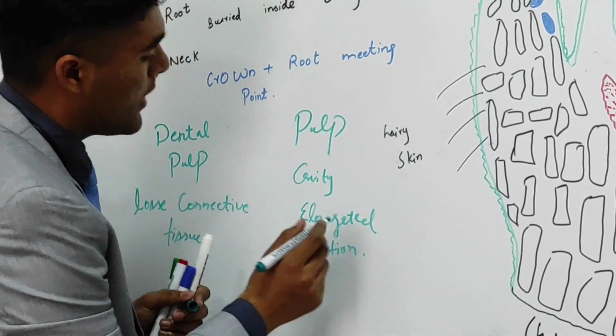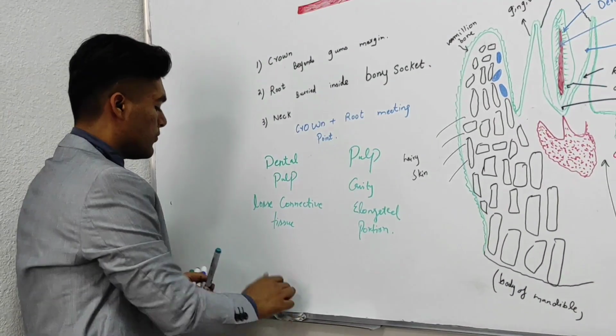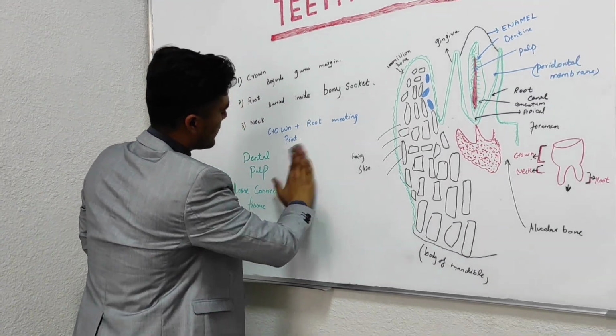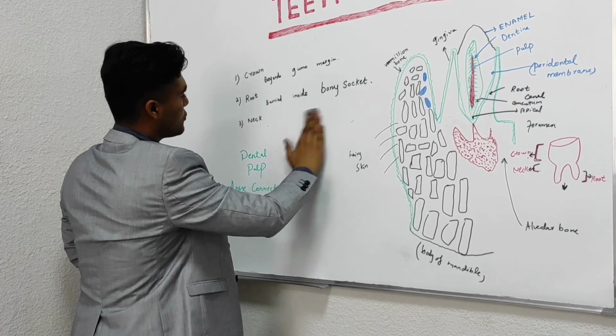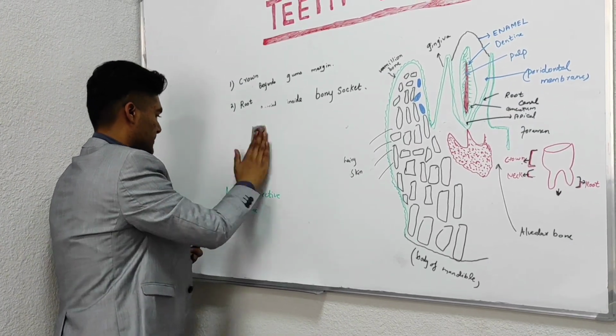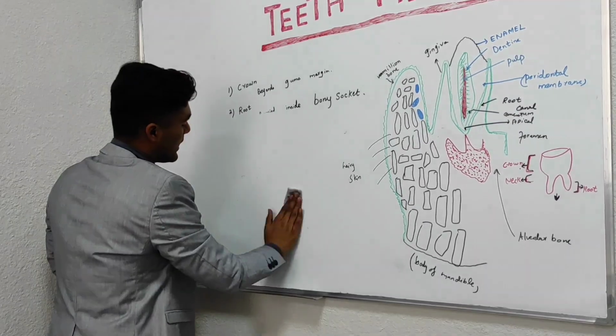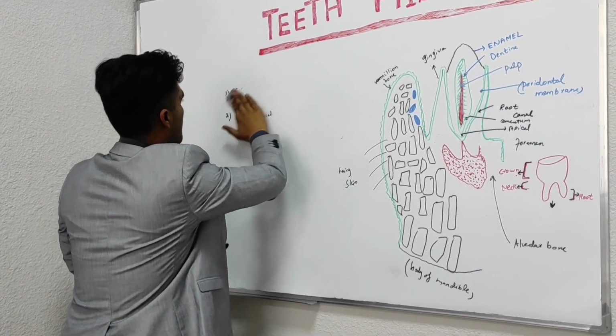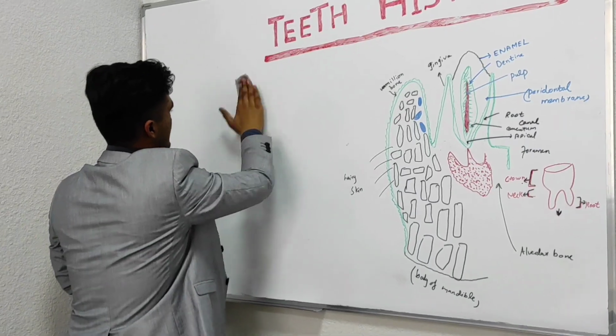As we are going to discuss the histology, we have two types of tissues when we discuss teeth histology. We have hard tissues and we have soft tissues. Hard tissues include enamel, dentine, and the crown area.